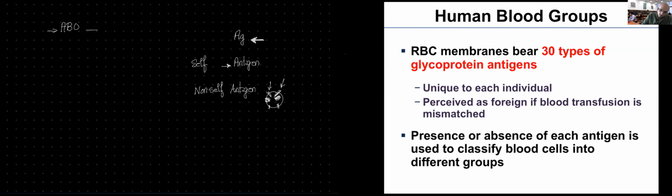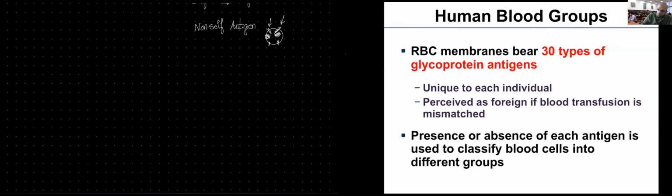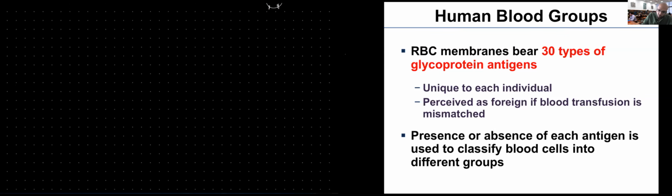For the ABO blood grouping, I have 4 blood types. Being a blood group type A means that my red blood cells are representing on their surface only antigen A.